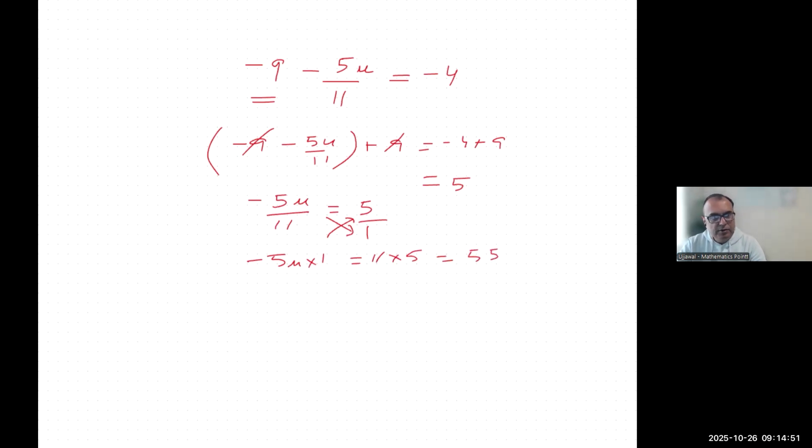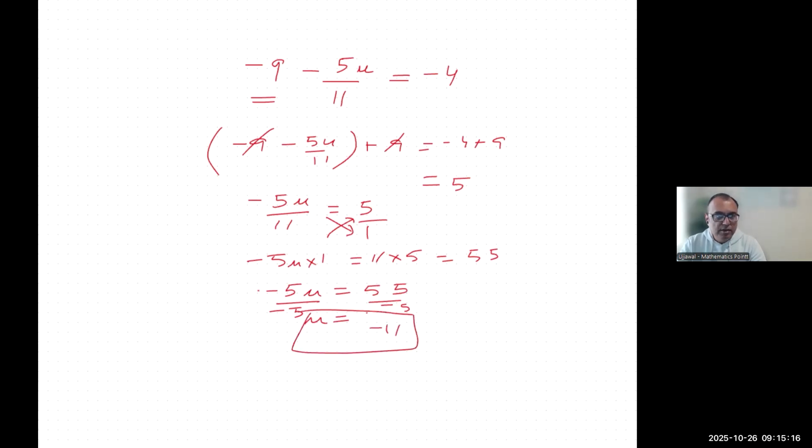And then you have negative 5u equals 55, and u equals, dividing by negative 5 on both the sides, and eventually you get u equals negative 11.